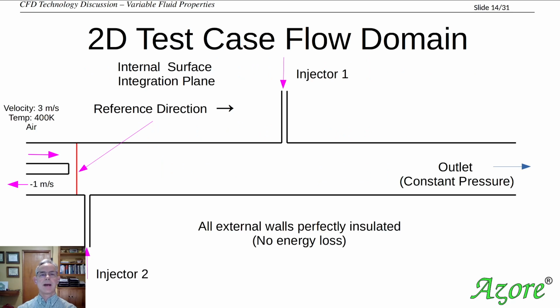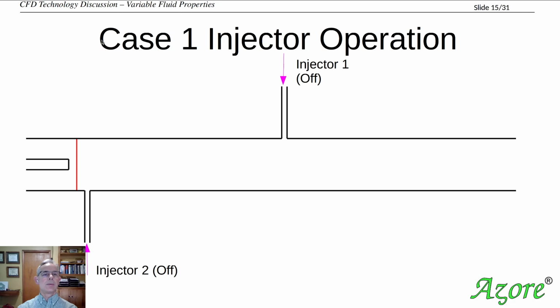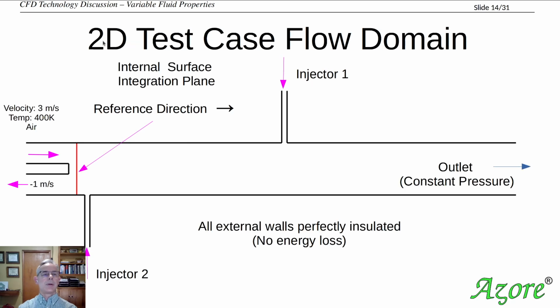And here's a schematic of that system, where we have a velocity of 3 meters per second coming in up here with air at 400 degrees K. And down here, we're going to remove volumetrically at 1 meter per second. And for discussion purposes, we're going to look at this red integration plane right here.